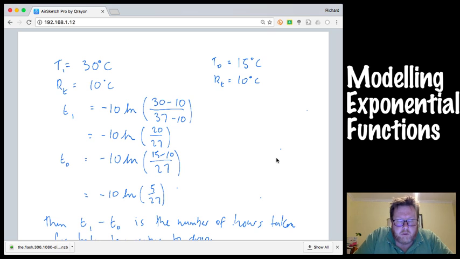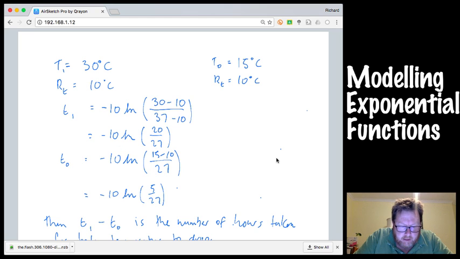Let's say, for example, T1 ends up being 5 hours after death and T0 is 7 hours after death. Then the difference is 2 hours. It takes 2 hours for it to halve.